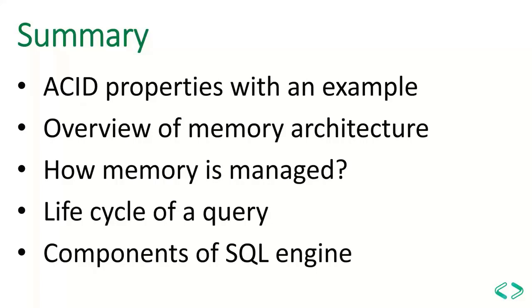In this session, we have gone deep into the plan cache and buffer pool and how these caches get managed. We have also seen the lifecycle of a query for the read as well as the write transactions. And we have seen the different types of components we have in the SQL engine, the relational engine as well as the storage engine.